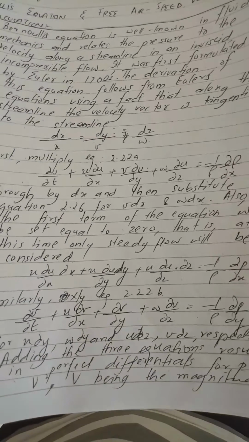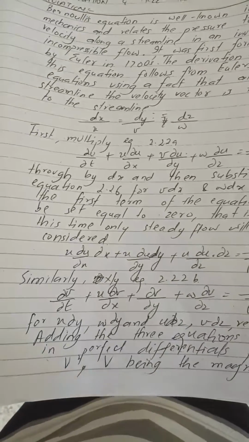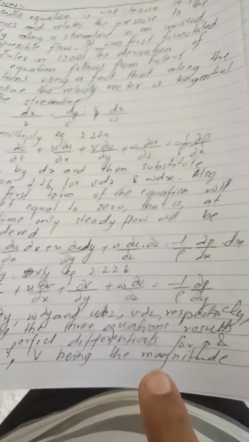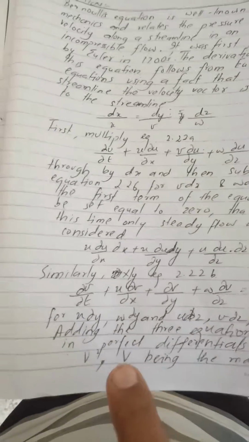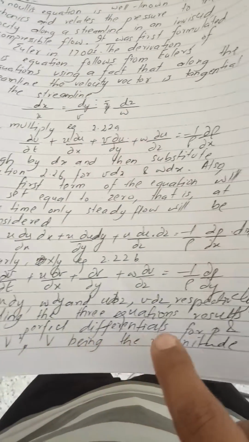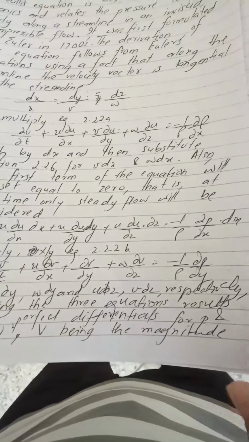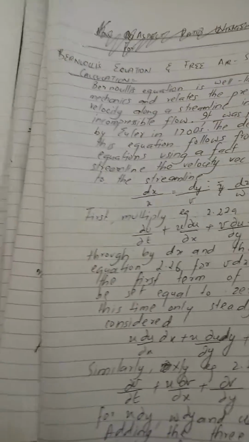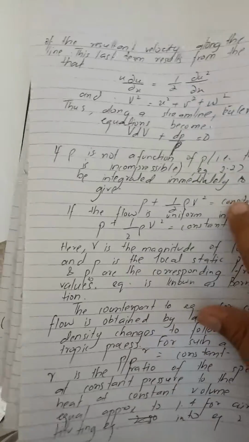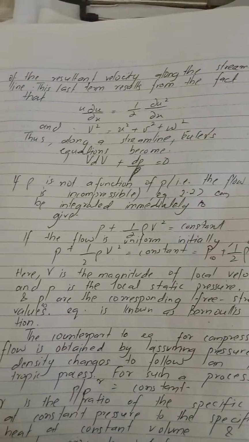So for u dx, v dy, and w dz respectively, adding the three equations results in perfect differentials for p and V squared, V being the magnitude of the resultant velocity along the streamline.